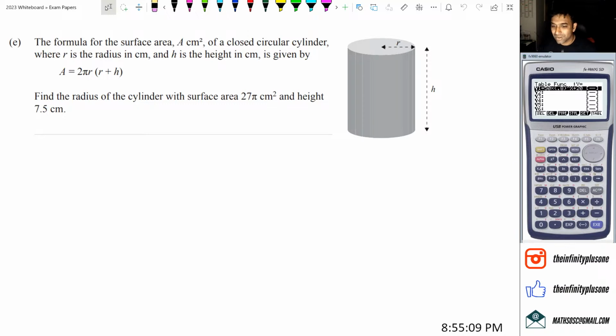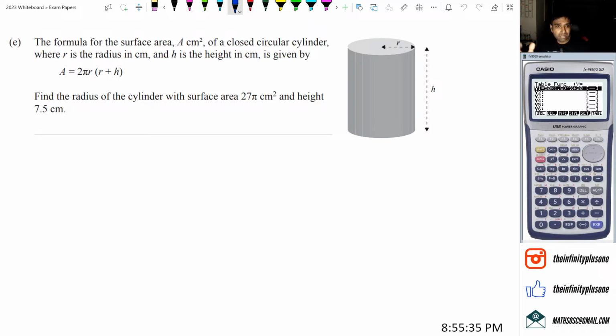All right, folks. I'm gonna start working on this question now. So with question 1E, what we've got here is a closed cylinder.